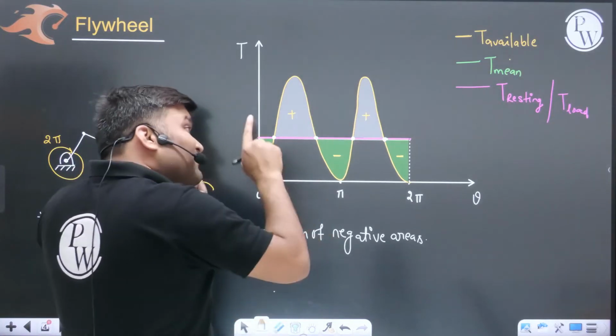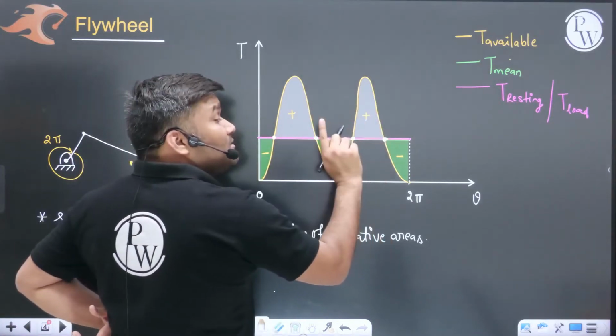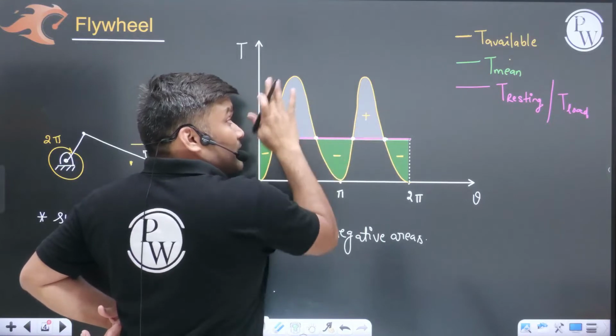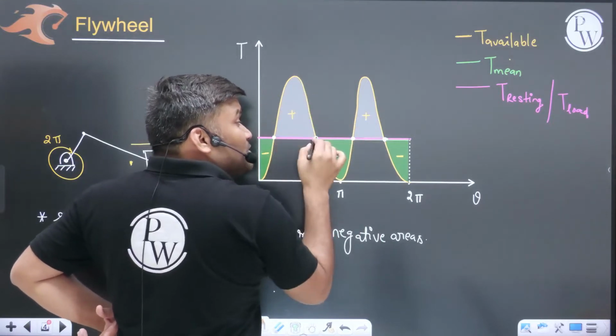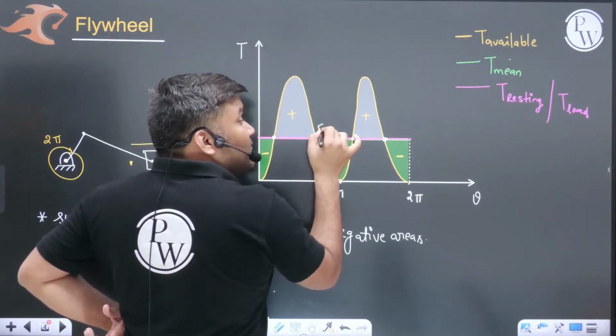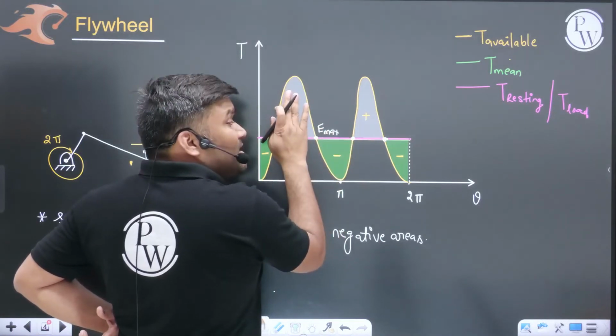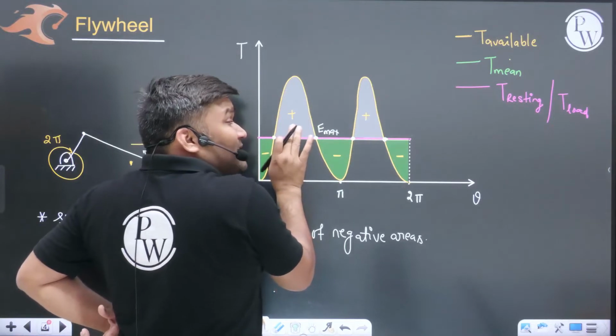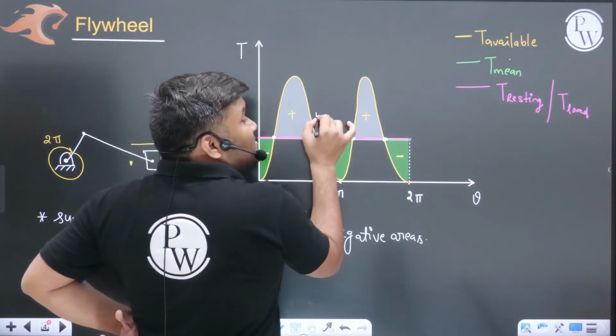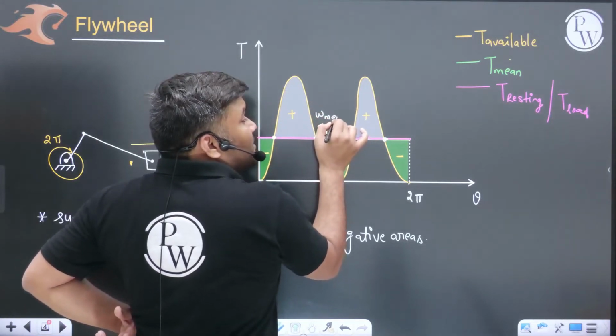So when the flywheel absorbs energy, its energy will be increased, something maximum. Its angular speed is going to increase. Omega will be something maximum.